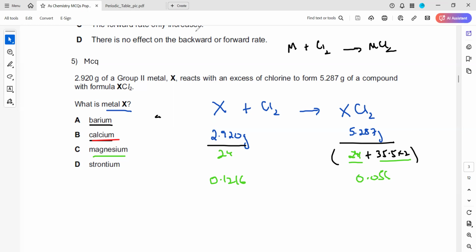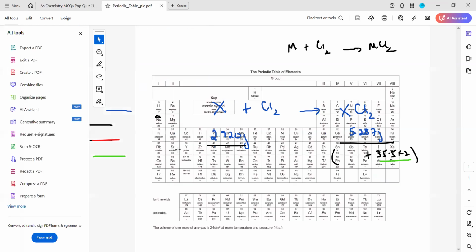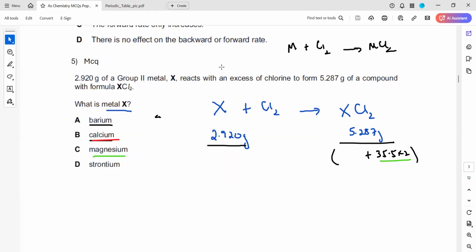Then we check with the last one, the last element, that is strontium. What is the mass of strontium? When you check the periodic table, it is 88. So how many moles of strontium are there? You got 0.033.